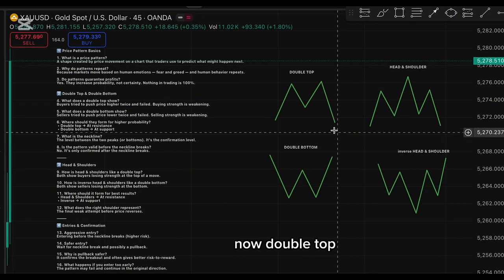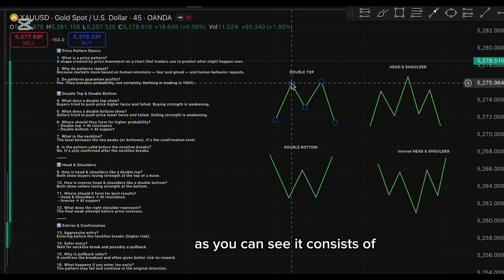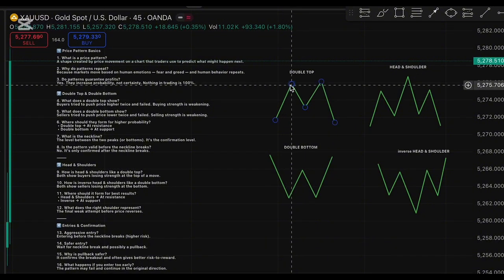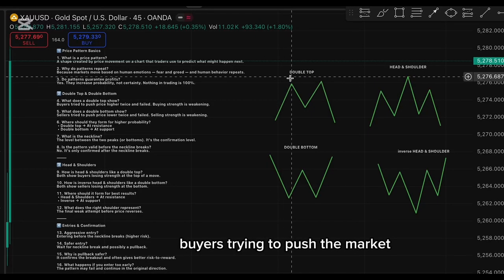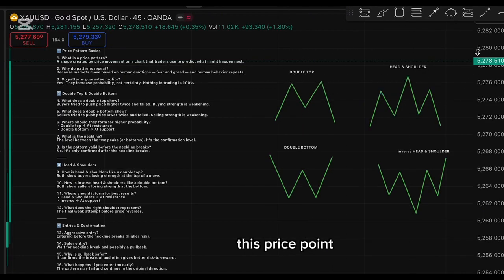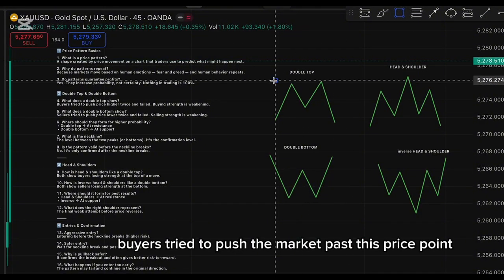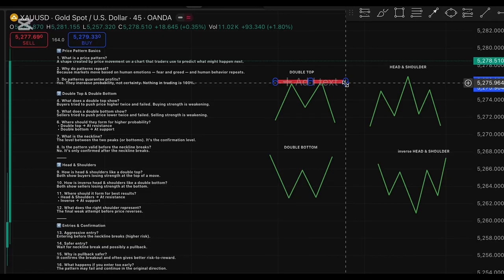Now, double top. As you can see, it consists of buyers trying to push the market twice past this price point. Let me mark it. Buyers try to push the market past this price point twice.